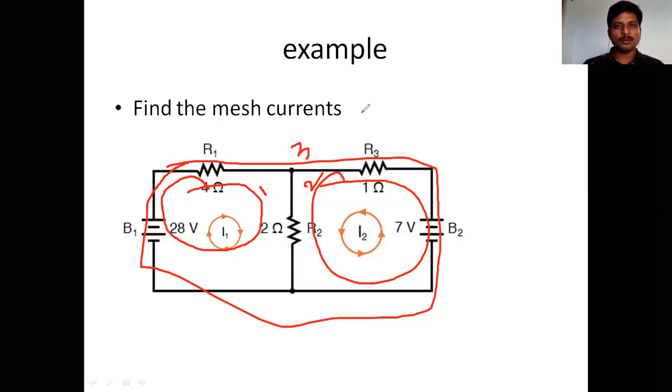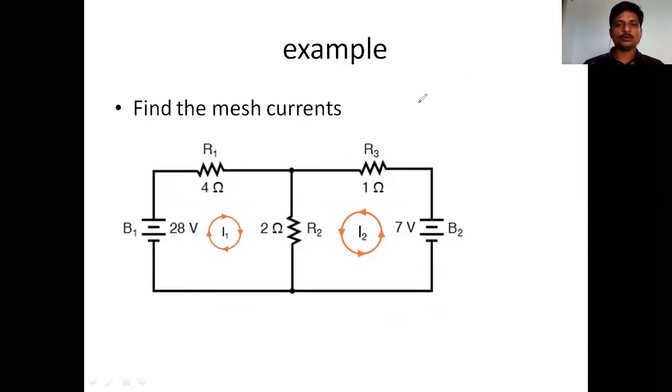You can also call a mesh a loop, there is no problem. But if you look into the third loop, you can find two inner loops in it. Therefore, you can only call it a loop, but you cannot call it a mesh. So that is the difference between a mesh and a loop.